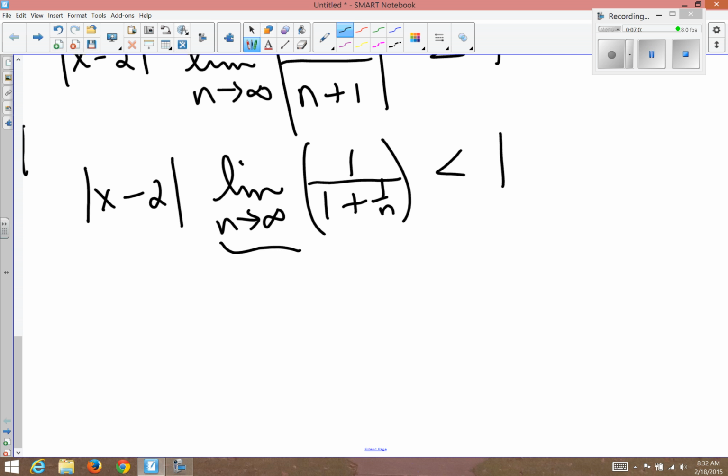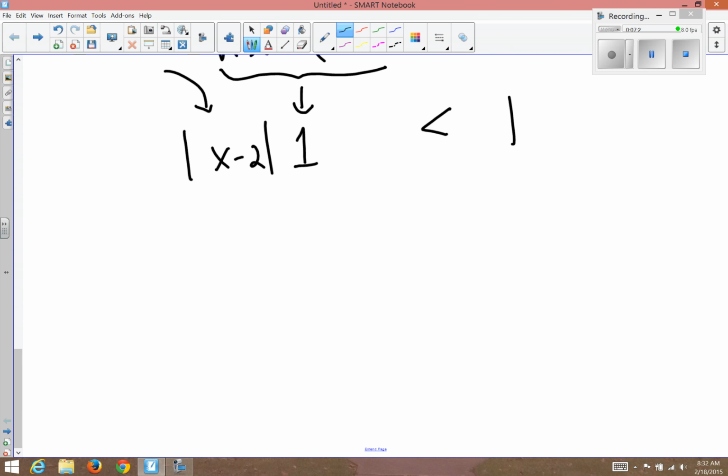And this is 1. Just bringing that down. And the rest. The limit of this as n approaches infinity is 1.